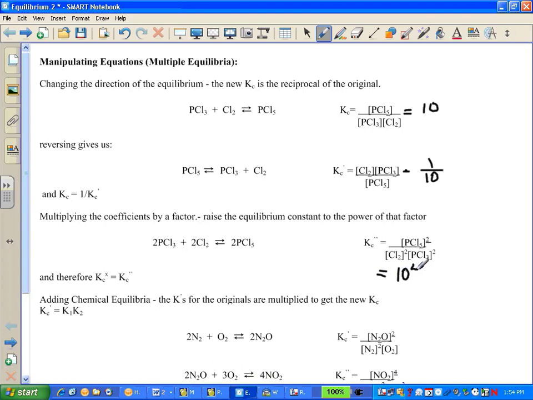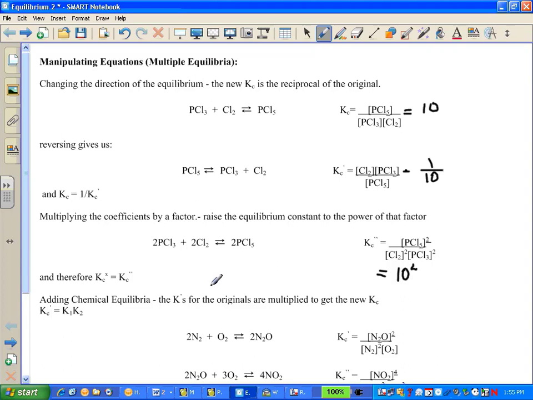We're going to raise it to the power of what we multiplied the reaction by. In another scenario, perhaps instead of multiplying by 2, we would multiply by 3. The equilibrium constant would therefore be 10 to the 3 in that case. Whatever you multiply by is what you raise the equilibrium constant to get the new value.